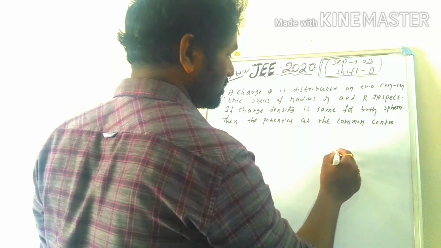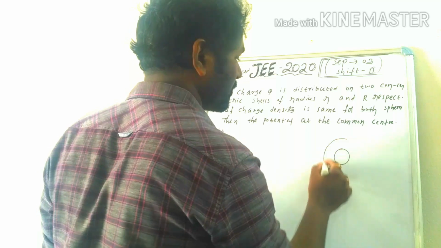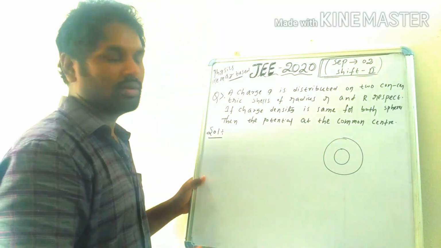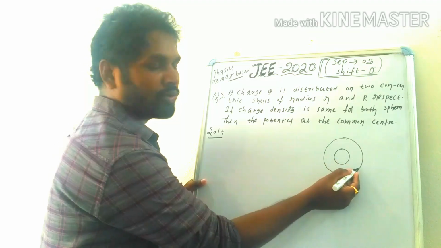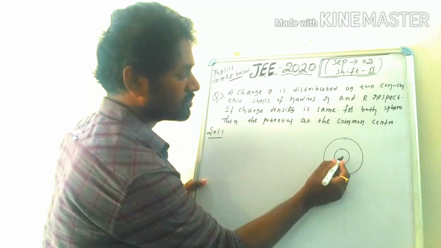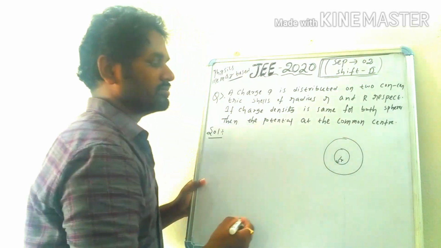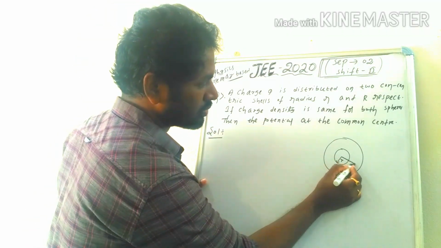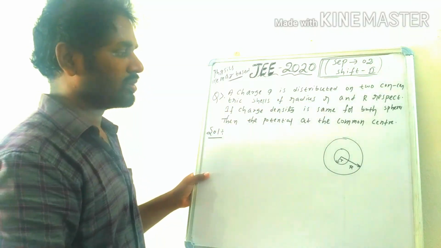Here we have two spheres, or we can call them shells, like this. This is the inner sphere surrounded by the outer sphere. The inner one has a radius small r and the outer one has a radius capital R, as given in the question.